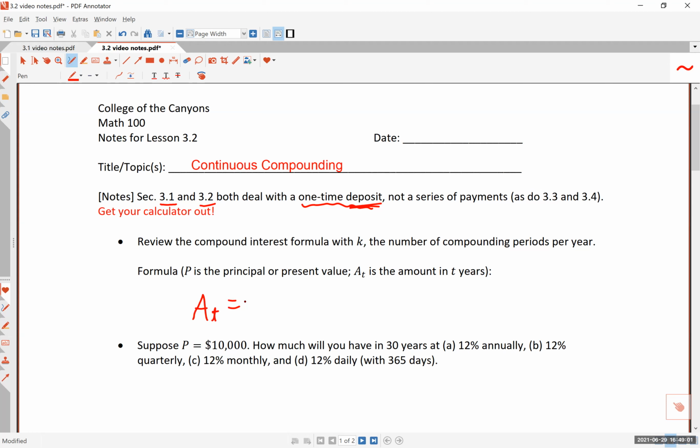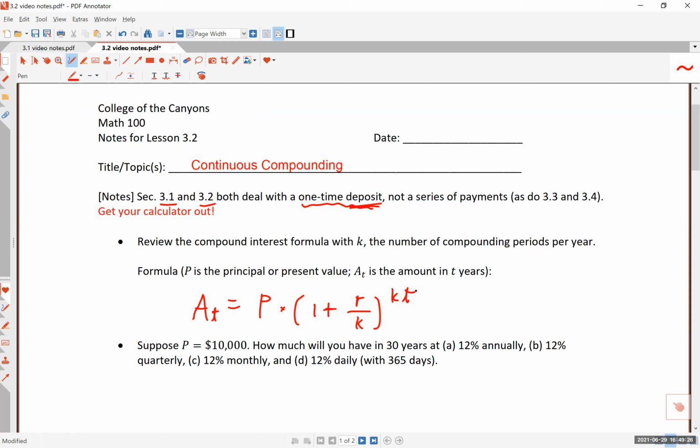This is the general formula for the amount after T years, after the principal P is invested in an account that has the APR of R, and K is the number of compounding periods per year.